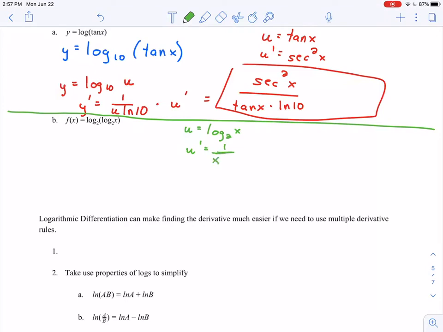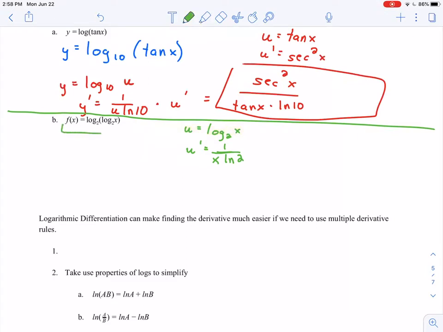It's similar to natural log in that we see that 1 over x. But in the denominator, we just have that factor of natural log of our base. Our base in this problem is 2. So I have 1 over x times natural log of 2. So this is not the derivative of f of x. This is simply the derivative of log base 2 of x.